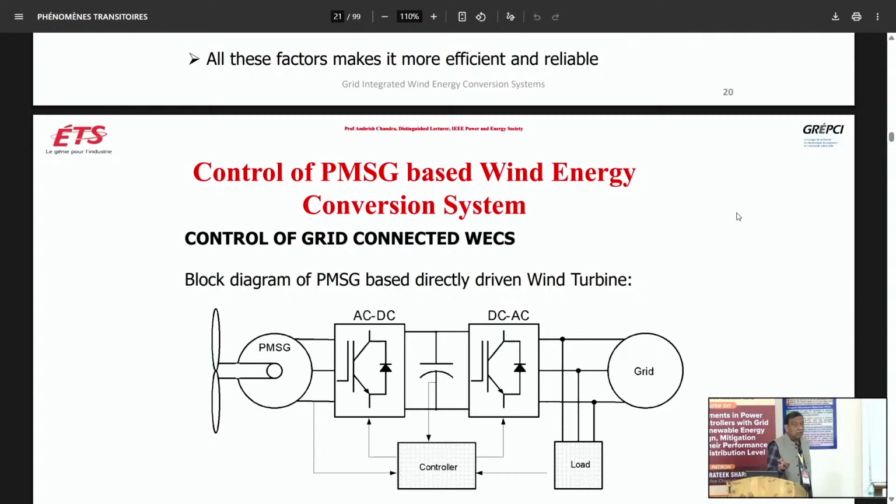converters, back-to-back converters, and then you have a controller. This converter you can use to extract maximum power. So MPPT will be done on these, right, using some kind of control. There are so many MPPT control techniques, perturbation and observation and other things.